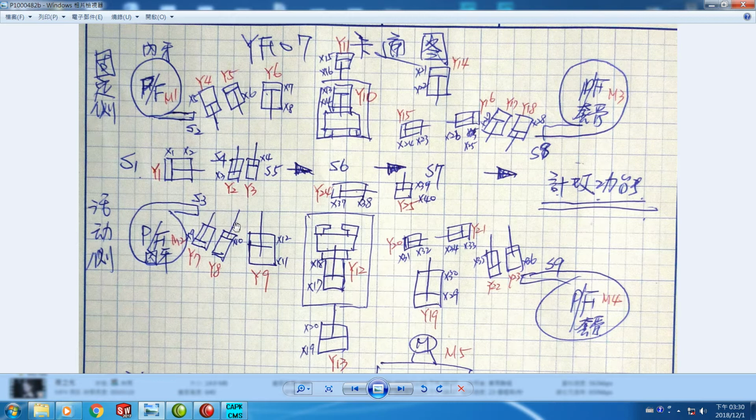And the Y8 retract back, one piece of inner fixture will drop in positions, waiting for next assembly of the inner piece.